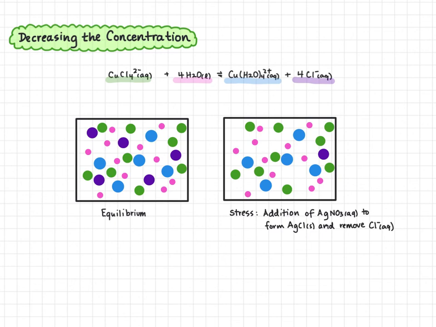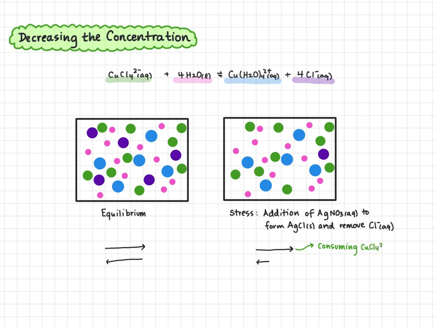So before our stress, our equilibrium had equal rates of the forward and the reverse reaction. After our stress, our forward reaction rate doesn't change, but our reverse reaction rate gets small because we no longer have a lot of chloride ions around for the collisions to occur. So in our forward reaction, I'm just going to talk about the copper chloride complex, because water is going to be readily available.